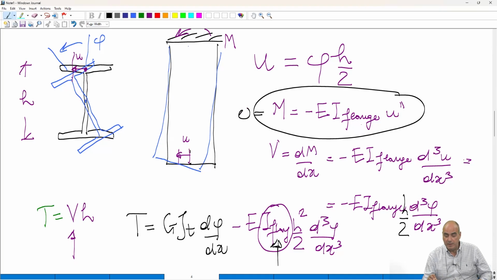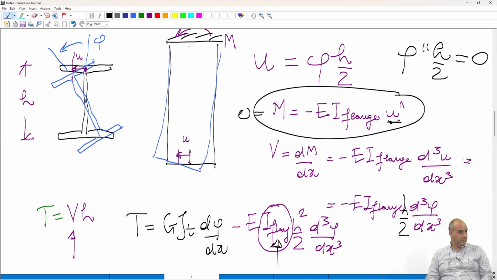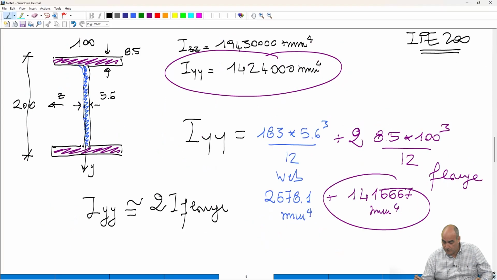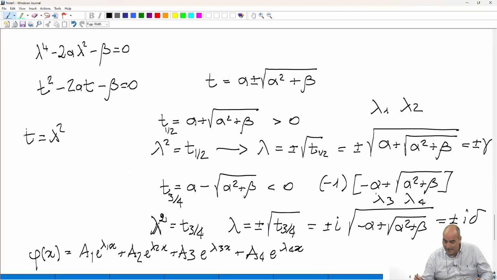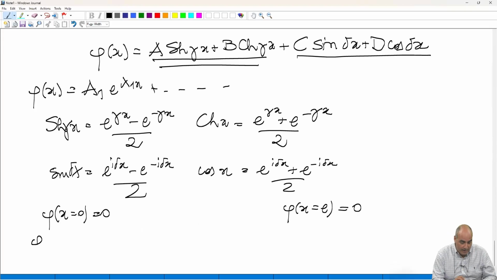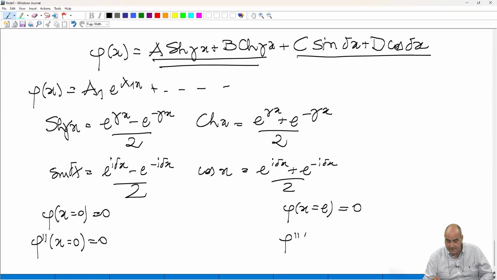But in order for this moment to be equal to 0, the only possibility is that the second derivative of u is equal to 0, or that the second derivative of phi times h half is equal to 0. So we write the other 2 boundary conditions as phi second at x equal to 0 and phi second at x equal to L equal to 0.